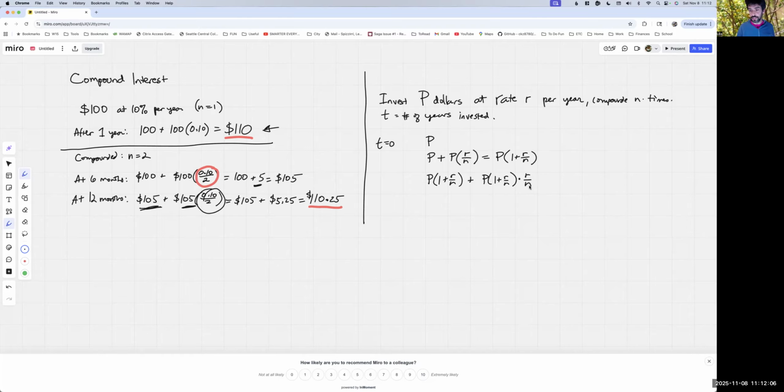Let's do a little algebra and factor out this P times 1 plus R over N. I'm going to make this really clear. So we're factoring out this factor, and what's left, when we factor it out from the first term, is a 1. When we factor it out from the second term, all that's left is that R over N. We get the same thing again, which we can write as P times 1 plus R over N squared.